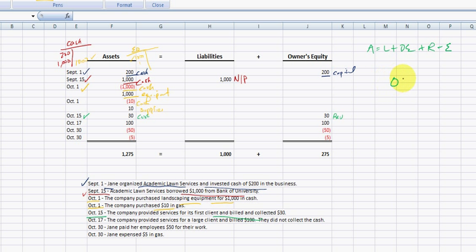Because owner's equity is paid-in capital, the money that an owner decides to put into the company to invest in it.